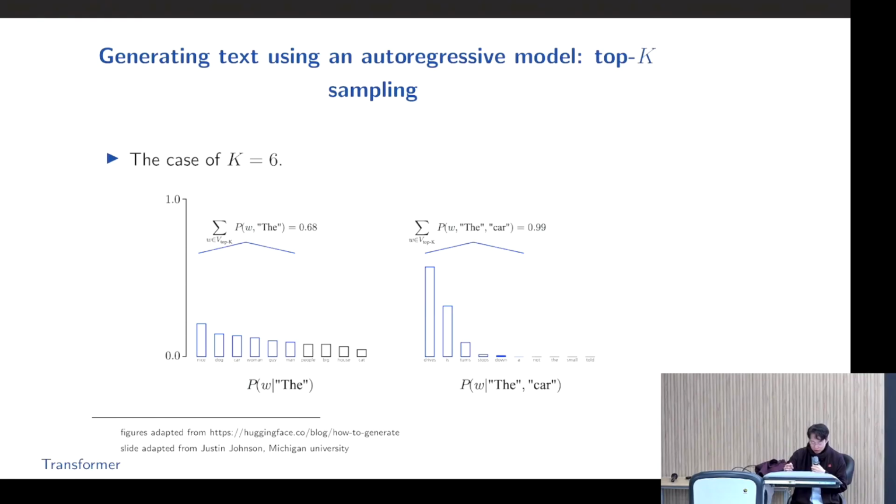And here's a pictorial view. Given the prefix or context, this is the probability output predicted by your LLM. In this case, K is preset to 6, so you're only going to look at the top 6 candidates.